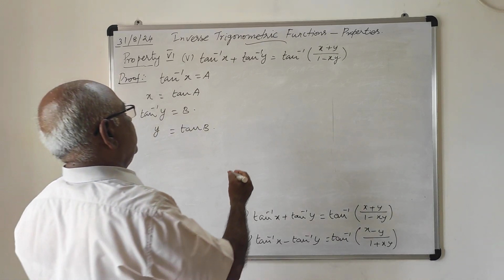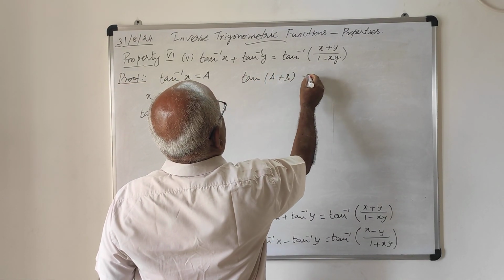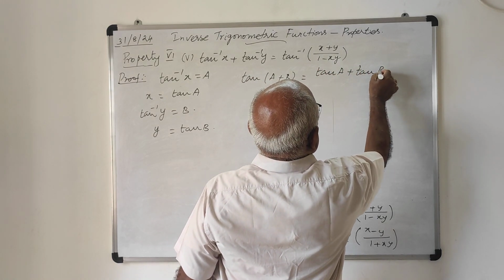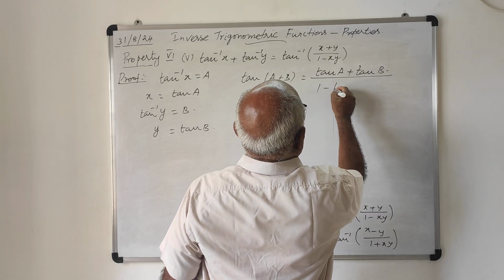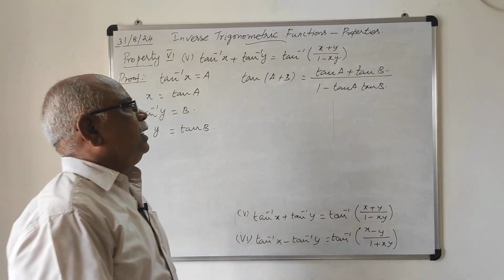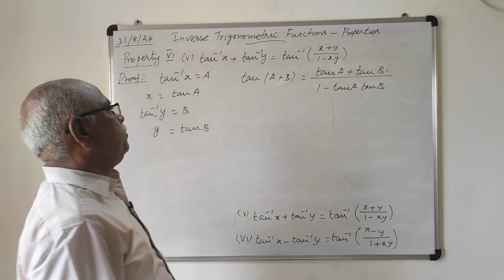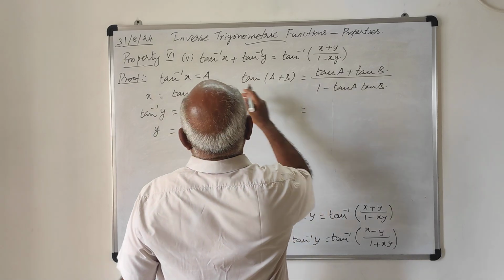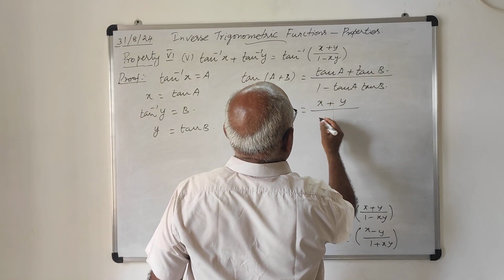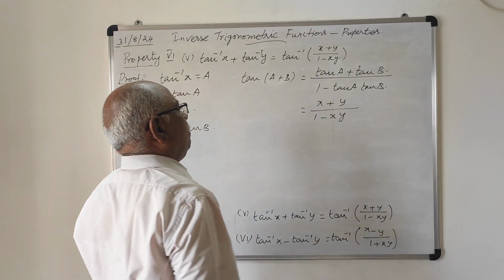So you know one formula in trigonometry: tan of a plus b equal to tan a plus tan b by 1 minus tan a tan b. This is the result you know. With tan a as x and tan b as y, we get x plus y by 1 minus xy.